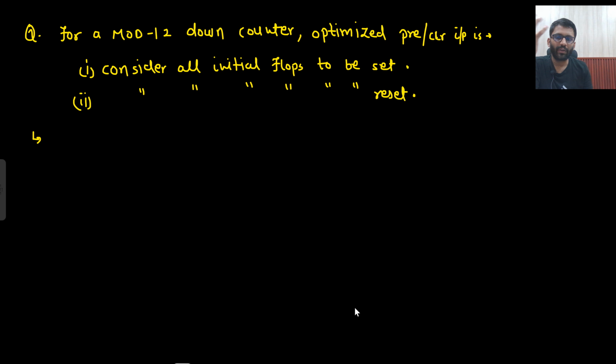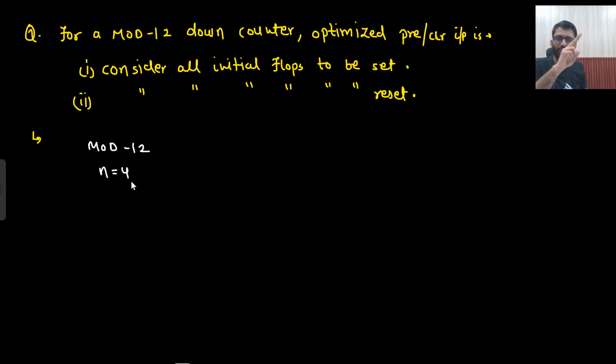Okay. So you need to design a mode 12 down counter, and you need to optimize your pre or clear input. Whether you will use pre or clear is up to you. So first step, mode 12. How many flops do you require? You should tell it on your own. How many flops do you require for mode 12? 4, right?